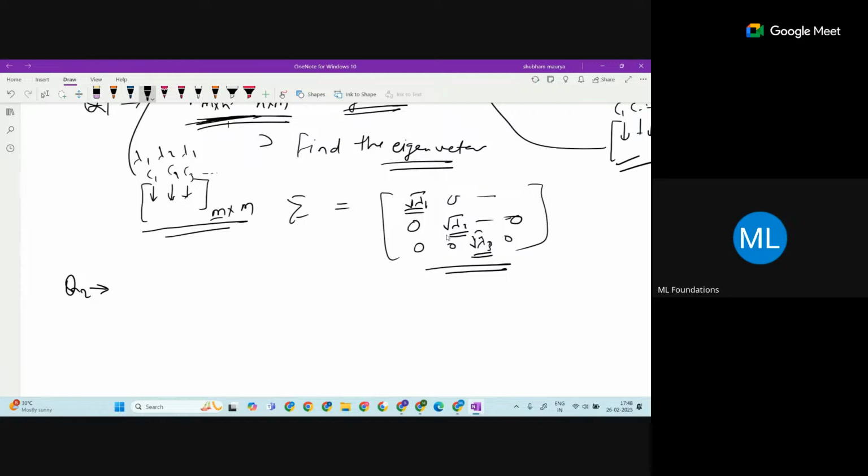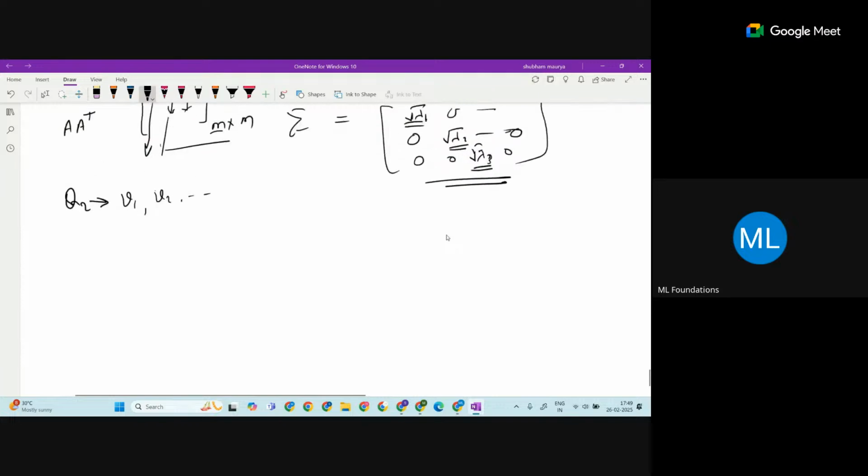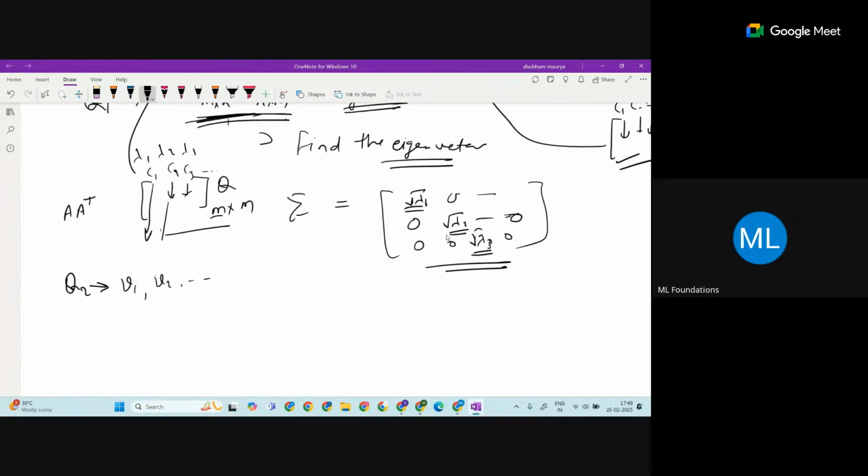Whatever eigenvectors we got here, V1, V2, for these matrices, some eigenvectors we got of A transpose, this is our Q1. To form Q2, what will we do?